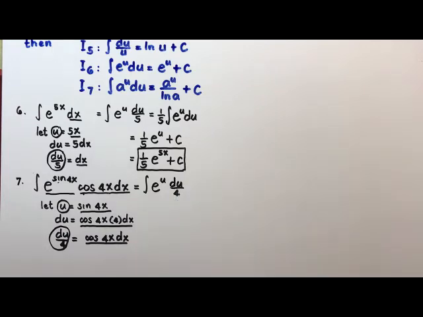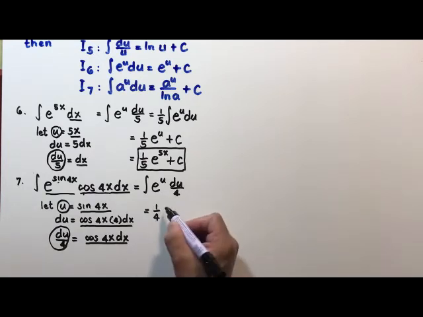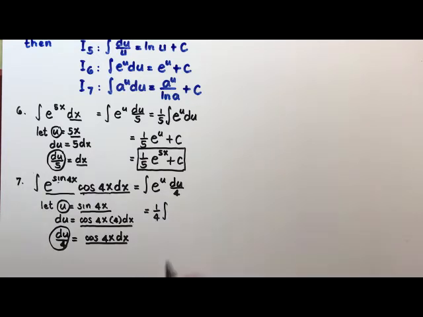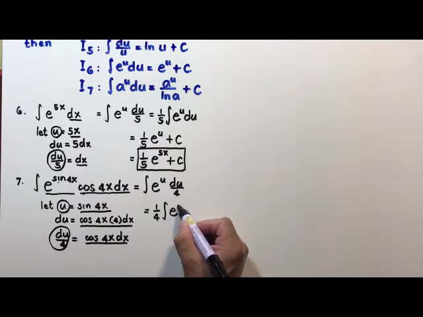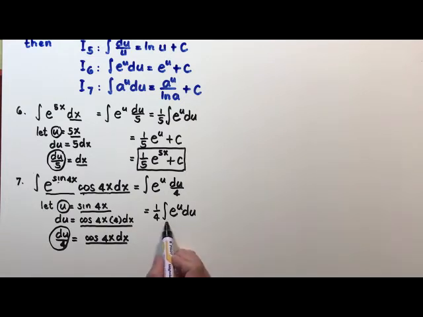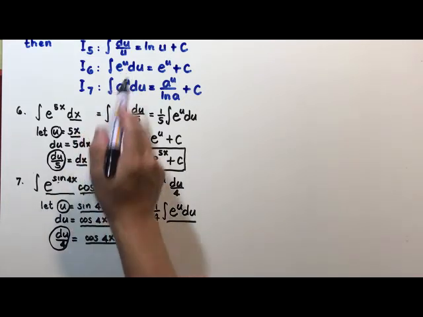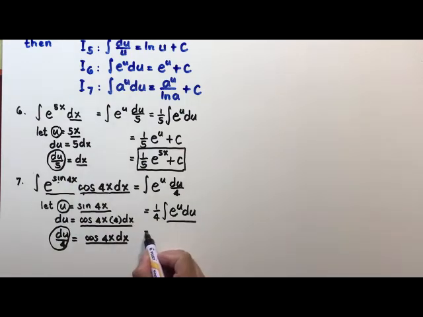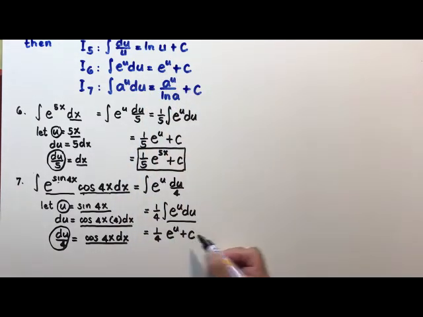But there is a constant in the denominator of du. So I can factor it as 1/4 outside. So this is 1/4 times the integral of e to the power u du. And we realize that we can apply formula number 6 here, that this is equal to e to the power u plus c.